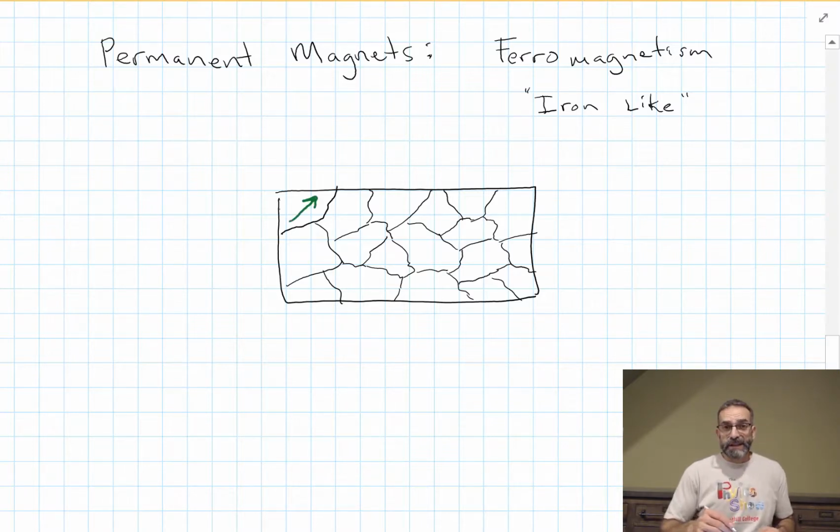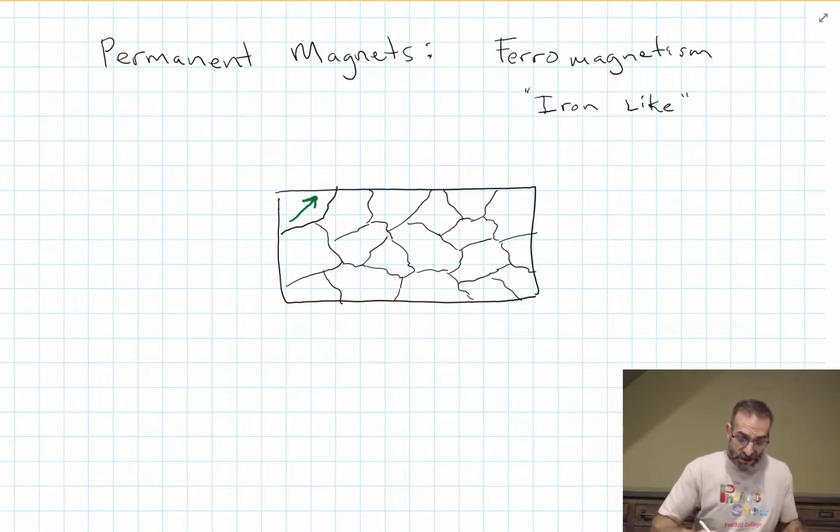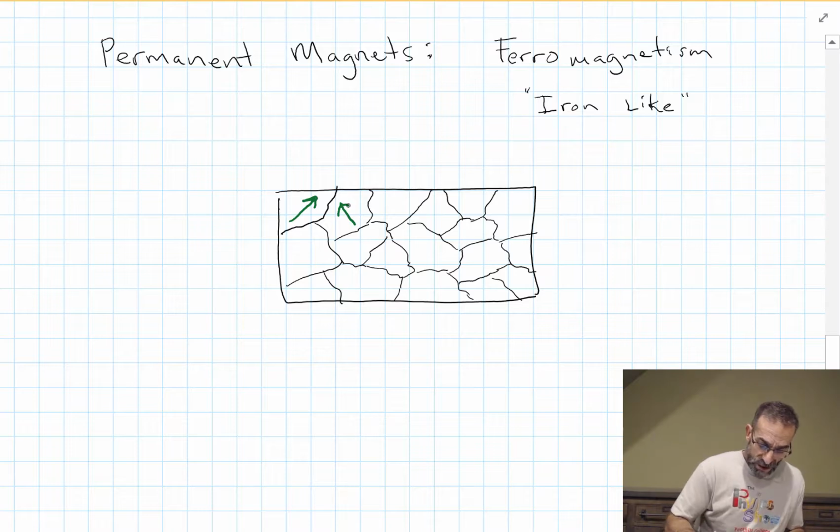And I'll draw a little symbol for a magnet, the arrow being the north end of the magnet and the tail of the arrow being the south end. But the region right next to it formed with its magnetic alignment in a different direction. And a region over here points in another direction.